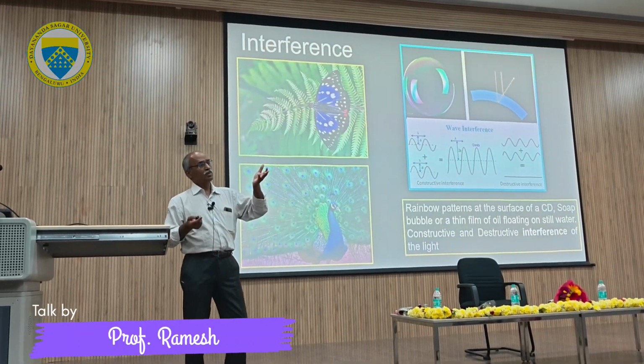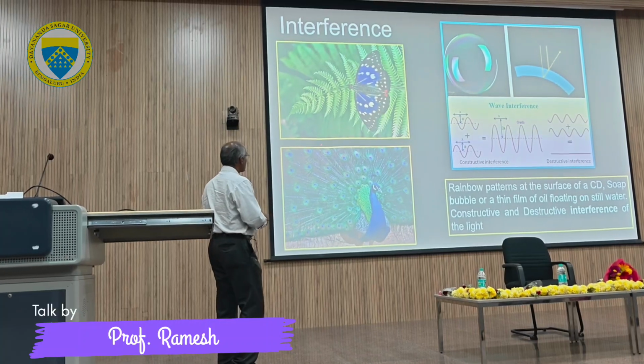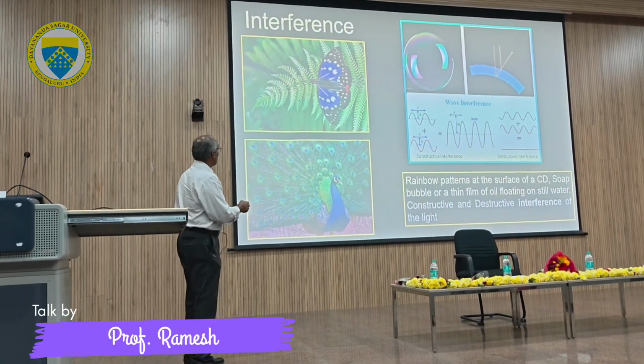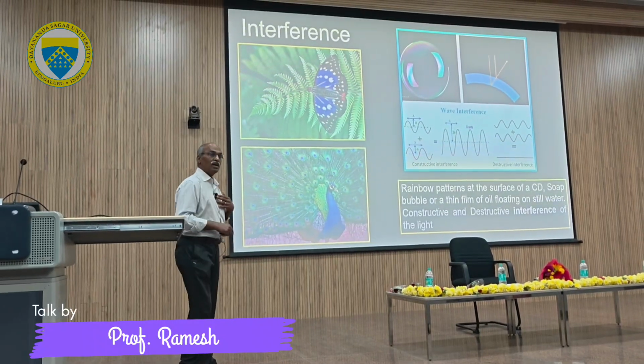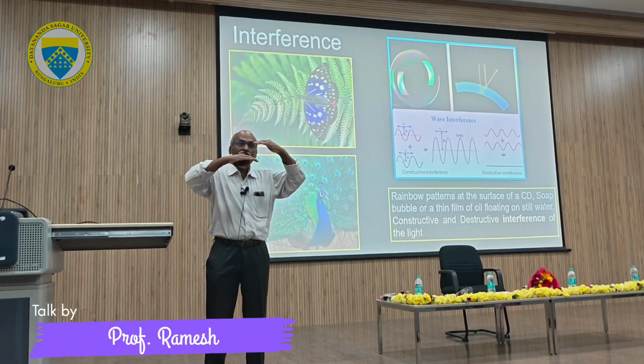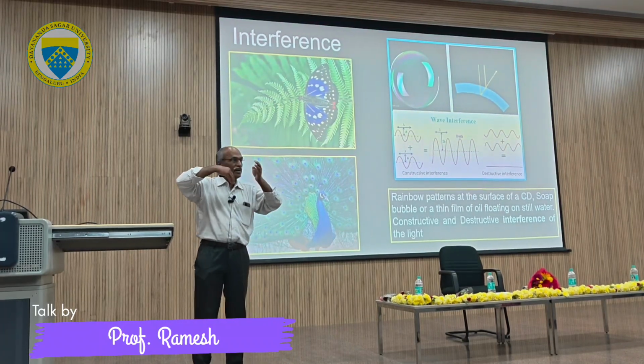You don't have to worry about the sunlight or anything. That is what people are trying now. The inspiration is from nature, right? For example, if you take a butterfly or peacock, how do they get different colors? By interference, right? They have thin films of varying refractive index, so the light interferes in different ways.